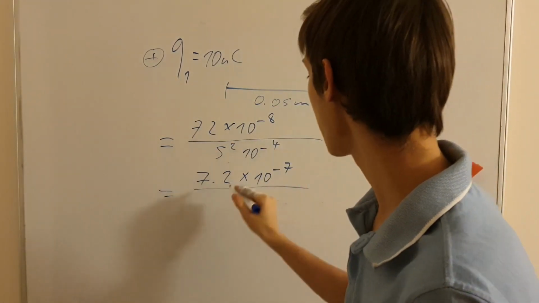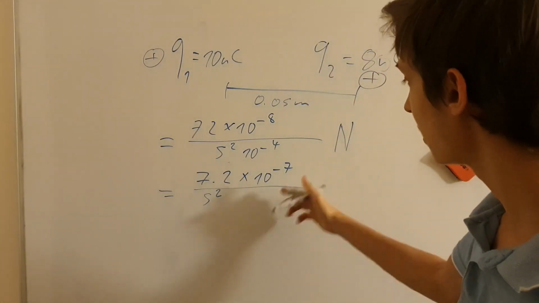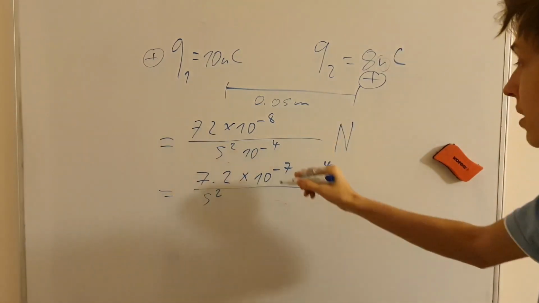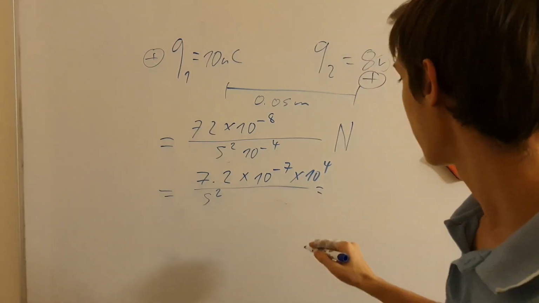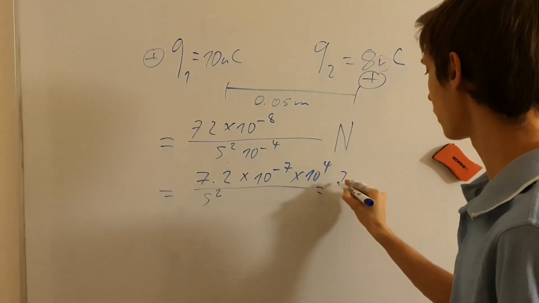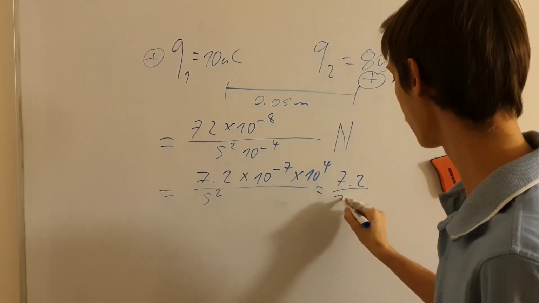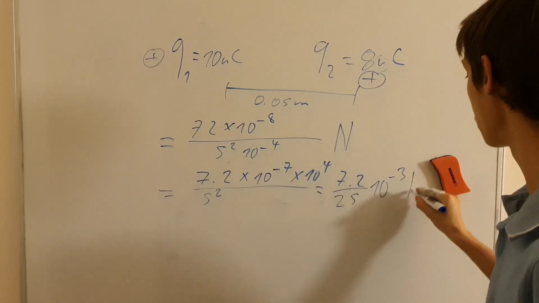And then in the denominator is 5 squared times 10 to the minus 4, and the 10 to the minus 4 can be taken up as 10 to the 4. 10 to the minus 4 in the denominator is like 10 to the 4 in the numerator. These two things together give 10 to the minus 3, and the result is something like this: 7.2 over 25 times 10 to the minus 3 newtons, of course.